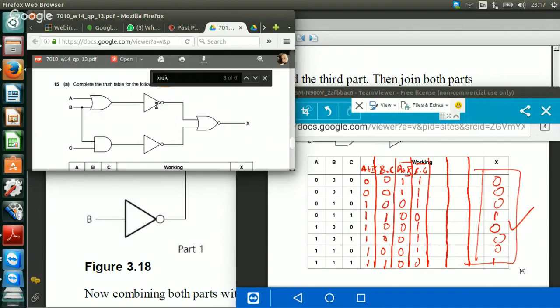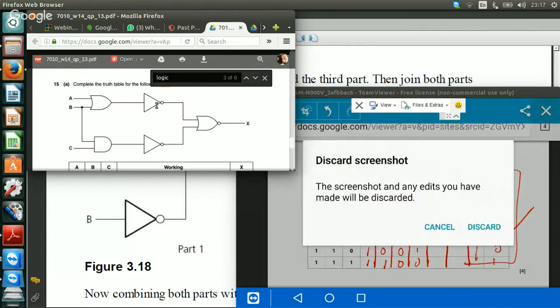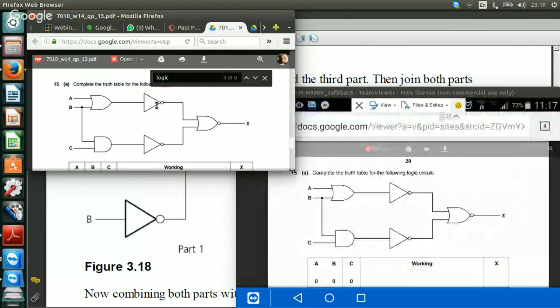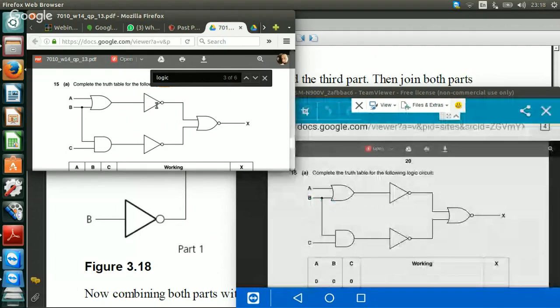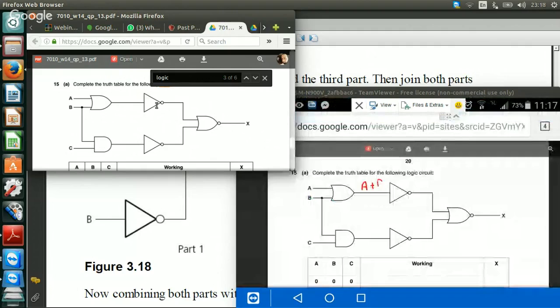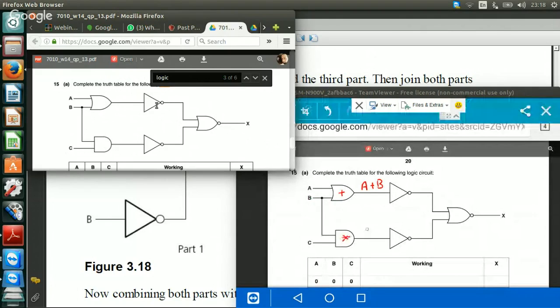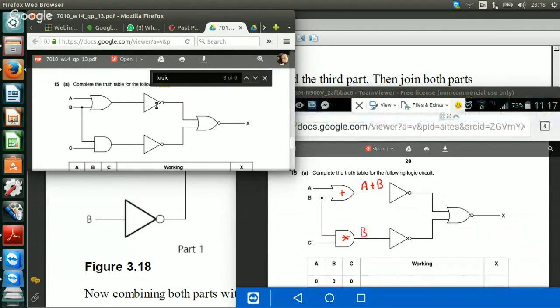So if we are going to quickly see how the equation thing works, let me discard it. For example, here it's pretty easy. Simply A plus B, because this is an OR gate, a plus gate, and this is a multiply gate, so this will become B dot C, because B and C are the inputs.